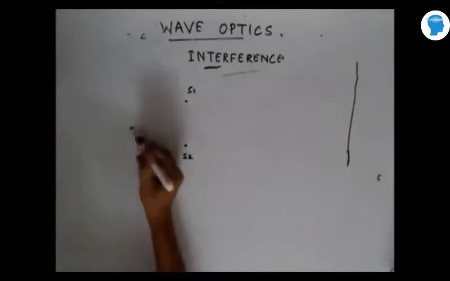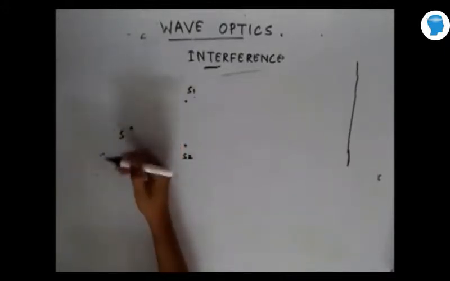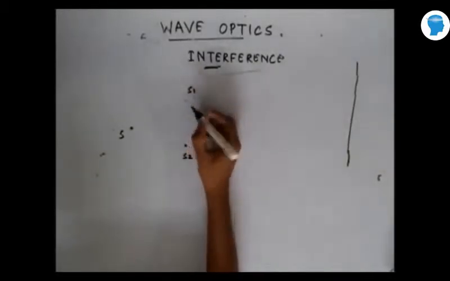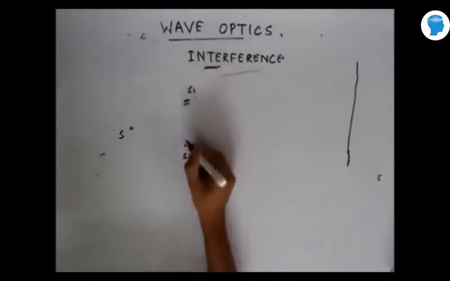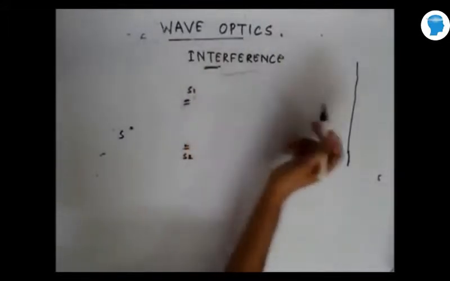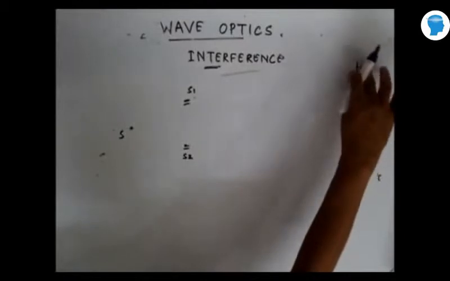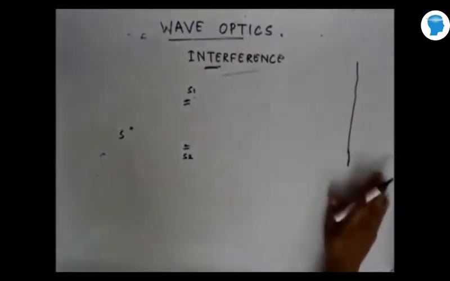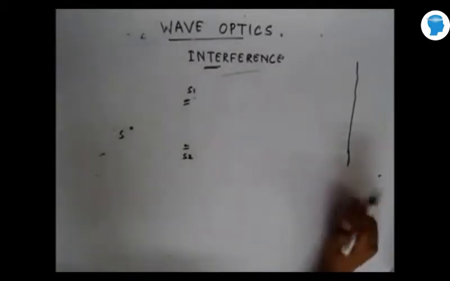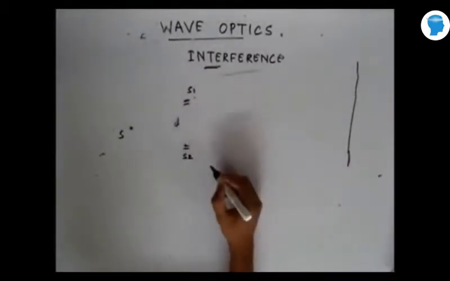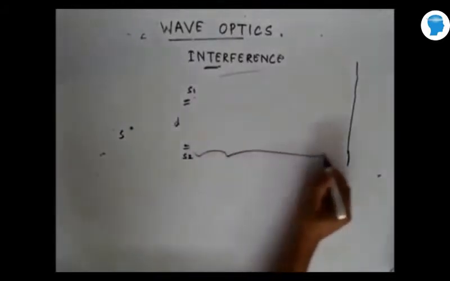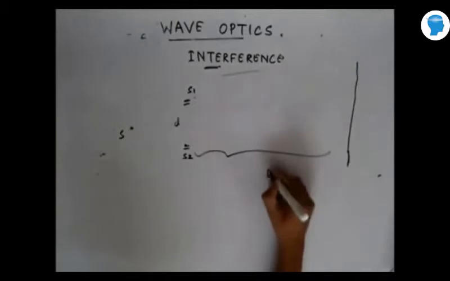We have a source coming from here, and light from this source goes to these thin slits here, and from these thin slits light comes to the screen as waves. Okay. Now, let's say this distance is d and this distance is capital D.